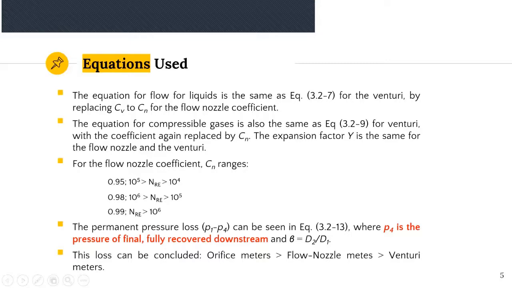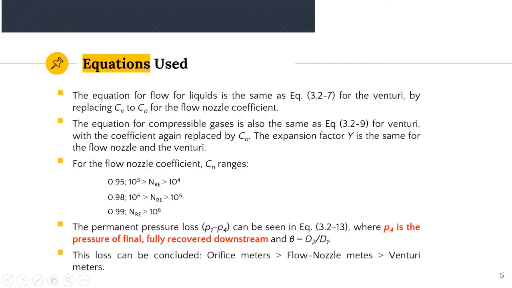Okay, so the range for the flow nozzle coefficient, or Cn, will be 0.95 when the NRE is lower than 100,000 but higher than 10,000.